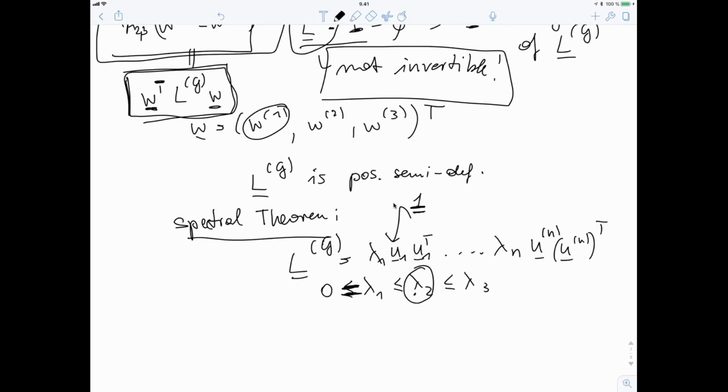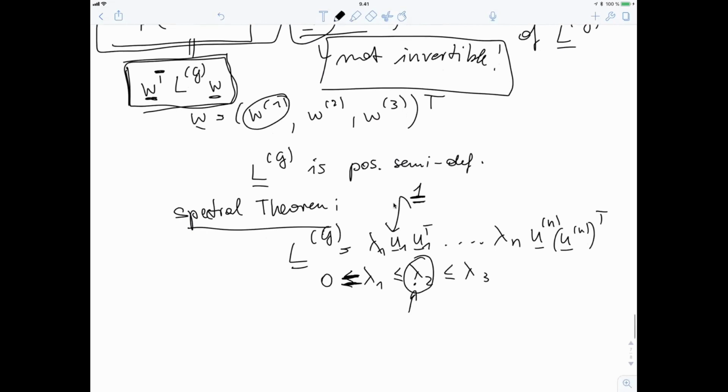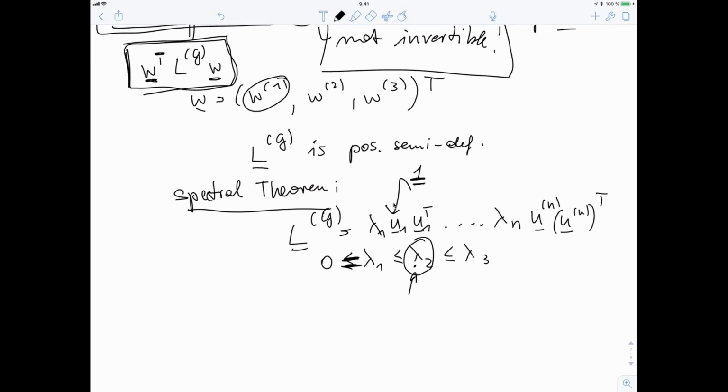And I would say that spectral graph theory, the whole field, is about studying this second smallest eigenvalue. It tells us a great deal about the connectivity and in turn about the statistical properties of federated learning algorithms.